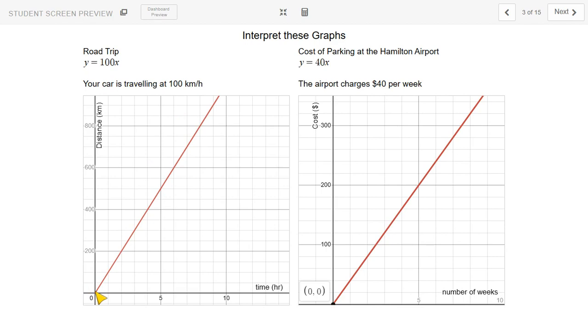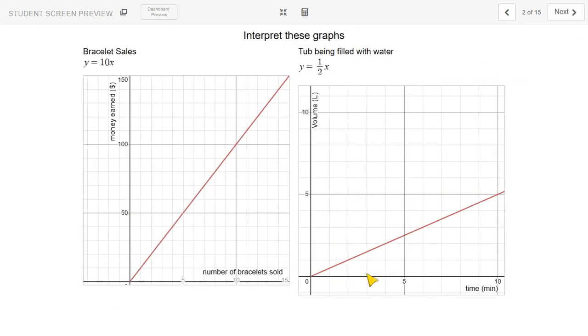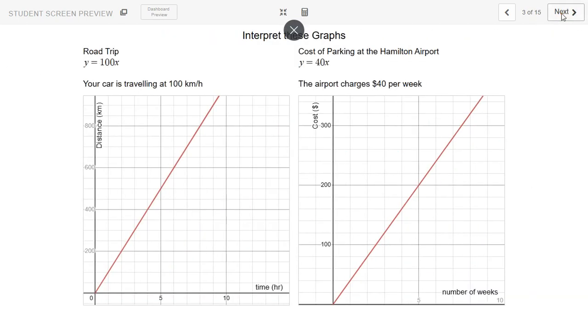If I've traveled 0 hours, I have gone 0 kilometers. I haven't turned on the tap, there are 0 liters of water. And the bracelet sale, if I've sold 0 bracelets, I've made $0.